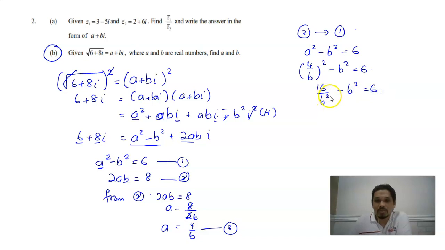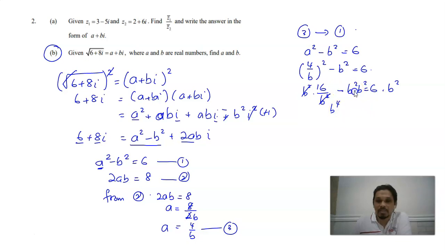So we are going to multiply this with b squared, multiply with b squared, and multiply with b squared. So b squared divided by b squared, 1. Okay, so what we have here right now, negative b squared times b squared, negative b power 4, negative b power 4 bring to this side, become positive. So we got b power of 4.